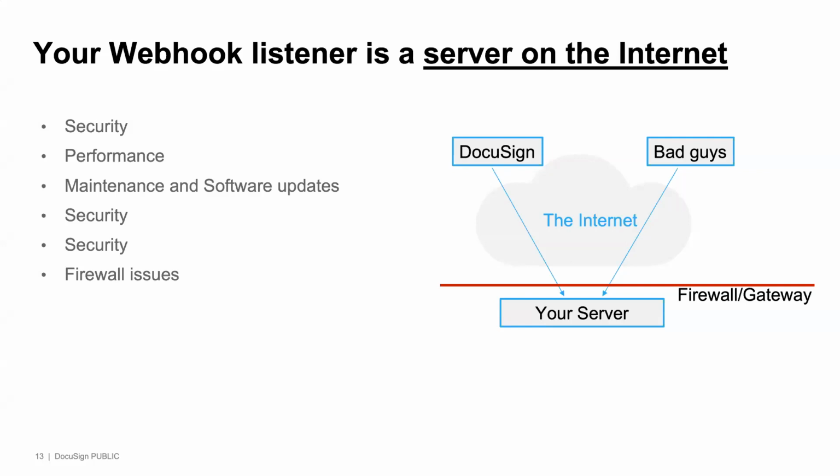It needs to be on the public internet because DocuSign itself is on the public internet, and DocuSign is going to be, remember, acting as a browser, making these POST requests to your server with the notifications. That's all good. The problem, though, is that there are going to be bad guys out there trying to do something as well.